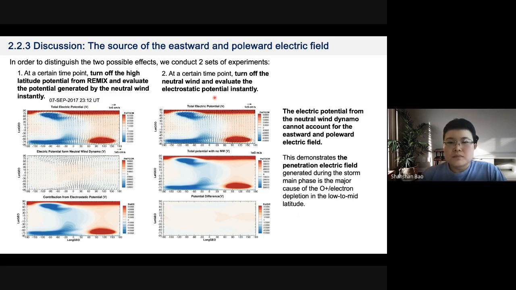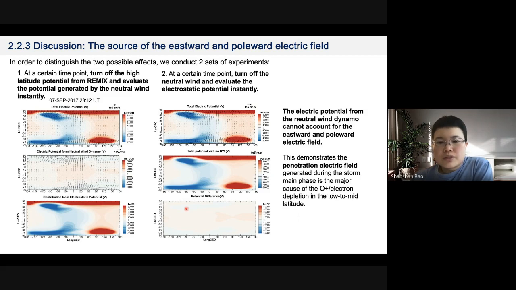The other experiment is we turn off the neutral wind instantly and evaluate the electrostatic potential instantly. Here we turn off the neutral wind, so the neutral wind vector goes to zero, but we still see this potential pattern generated in TIEGCM.